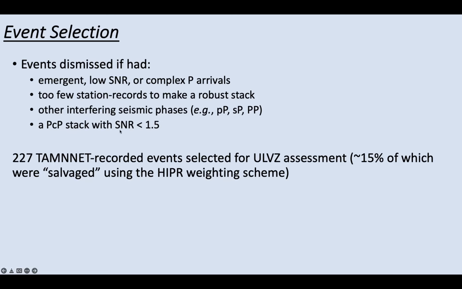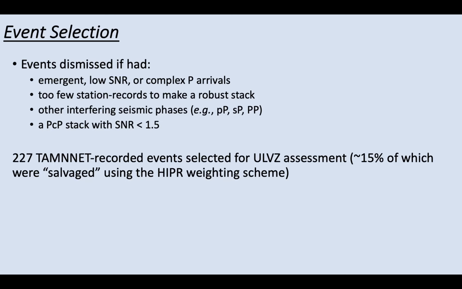So once we dismissed events that had these particular issues, we ultimately ended up with 227 TAMNet recorded earthquakes that, again, we use for our ULVZ assessment. And I'll note that about 15% of those were, quote unquote, salvaged, if you will, using the HIPR-based weighting scheme.